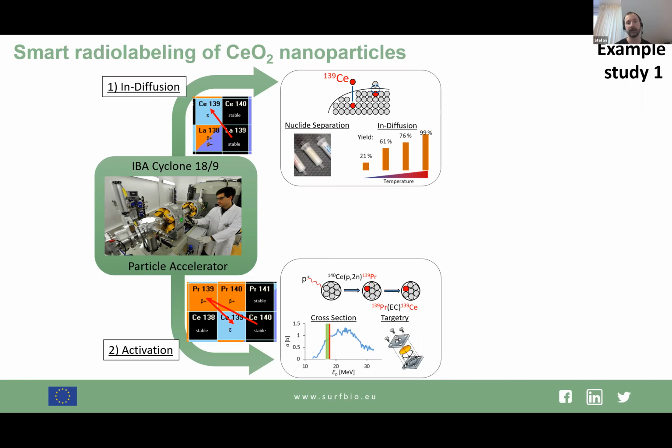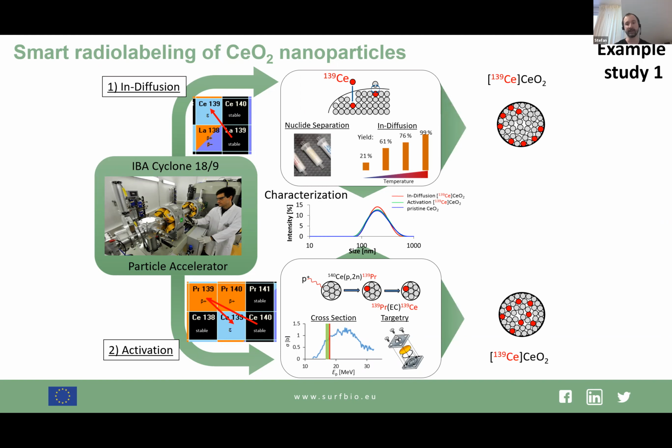So it's a P2N reaction, actually, which will then decay with a very short half-life to cerium-139 again. Again, you have to have a look at the cross-section, and you have to develop a suitable target. Then afterwards, of course, you have to do a characterization. Have you changed these particles? As we can see here, we haven't.